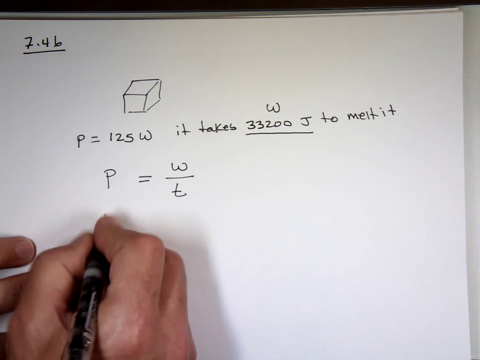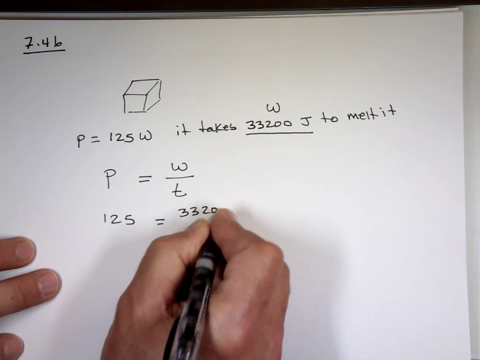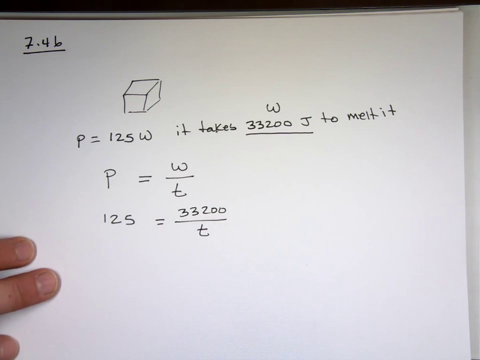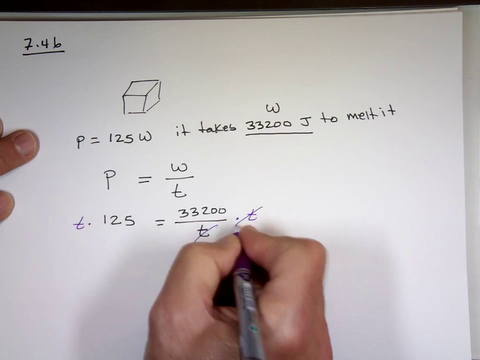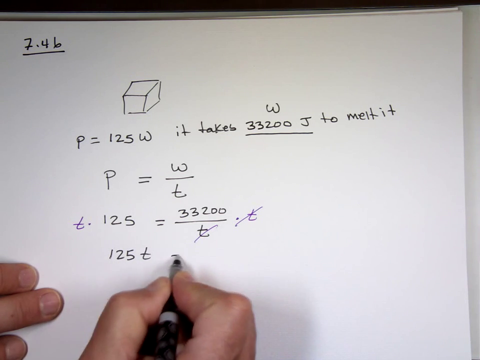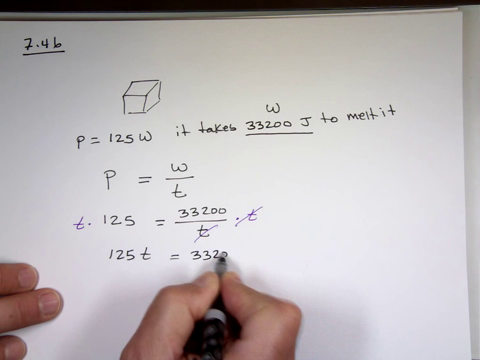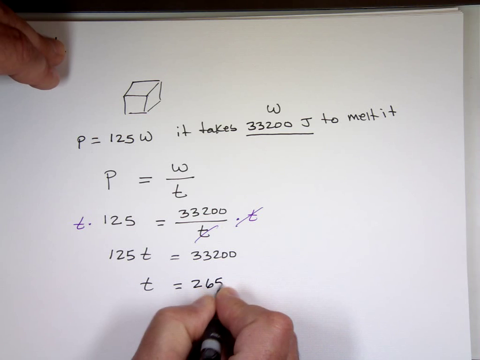So 125 equals 33,200 divided by T. I don't like fractions, so I will multiply the top and the bottom by T to get rid of the T in the bottom there. 125T equals 33,200. Can we get what T is? 33,200 divided by 125, and it will take 265.6 seconds.